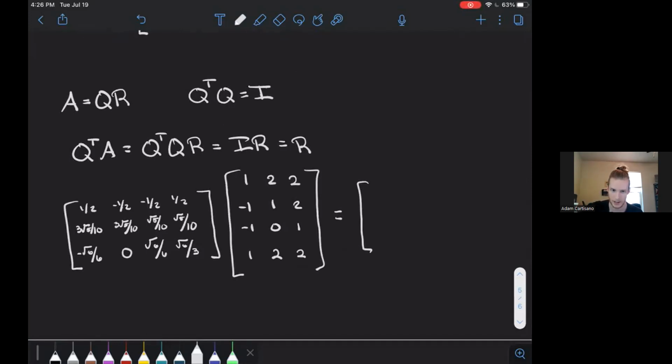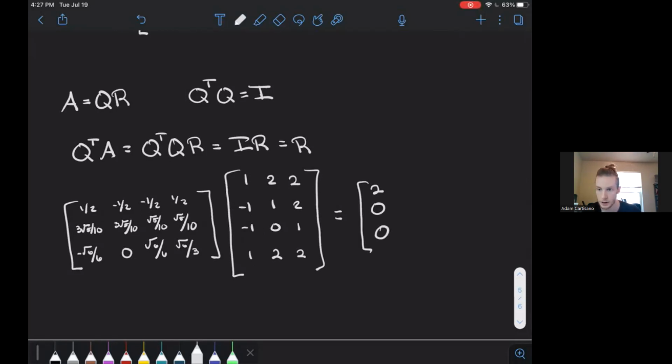Let's do it. Okay, so 1/2 plus 1/2 plus 1/2 plus 1/2 is 2. Notice I have a pair of opposite signs and a pair of opposite signs, and matching. So the next entry will be 0. The third entry will be negative root 6 over 6 minus another root 6 over 6 plus root 6 over 3, also 0.